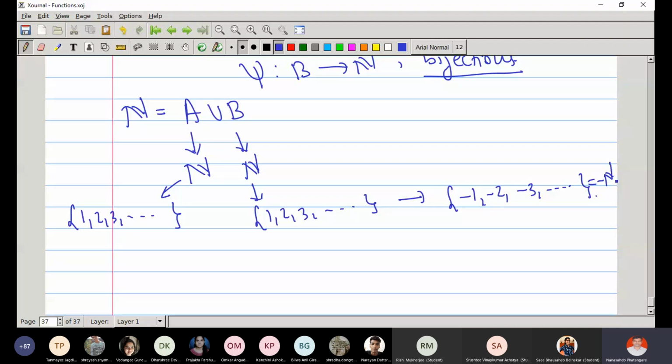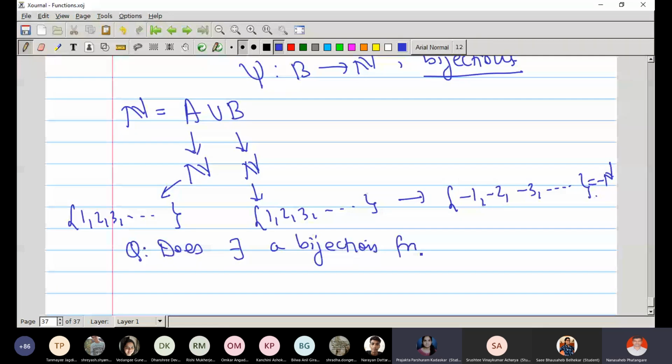Does there exist a bijection from n to minus n?